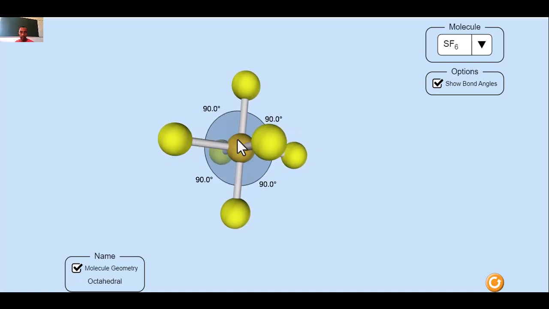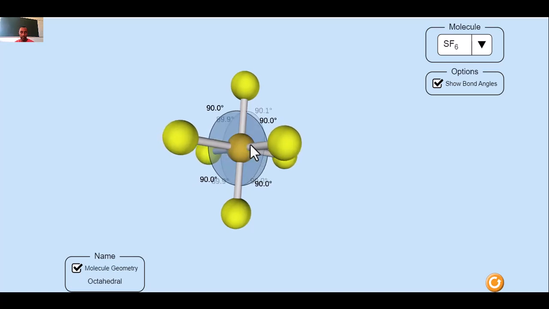And the fifth basic geometry is octahedral. If the central atom is surrounded by 6 atoms and there is no lone pair at the central atom, this type of geometry is called octahedral. Example, sulfur hexafluoride. And these are the 5 basic molecular geometries when there is no lone pair at the central atom.